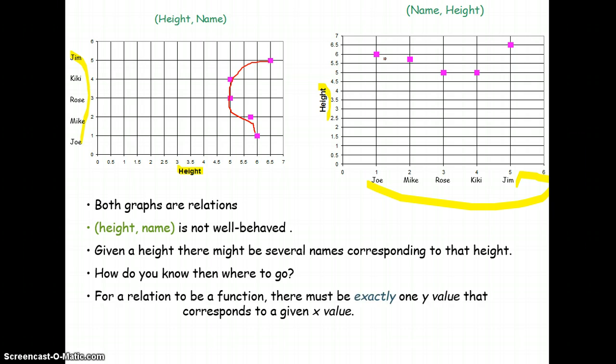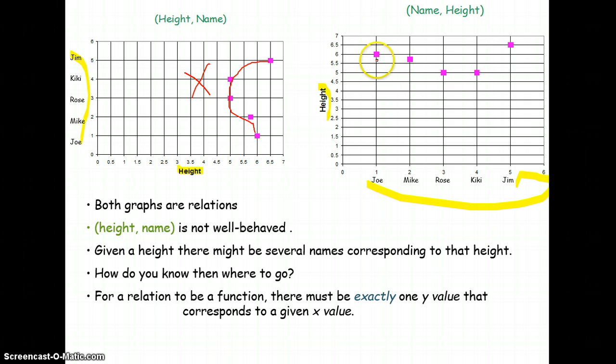For a relation to be a function, there must be exactly one y value that corresponds to a given x value. We could never ever have two similar x values. We will never have them. So in this case, we have two 5s, and they are located in x. So this shouldn't be possible. So this means that this is wrong, right?